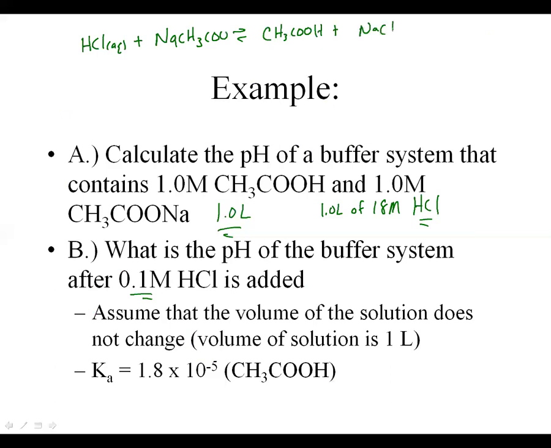Now, because again we're adding, we do want to do this in terms of moles. So just like we did here, we had 1 liter of each of these, so that is going to give us 1 mole here, and it's going to give us 1 mole here.